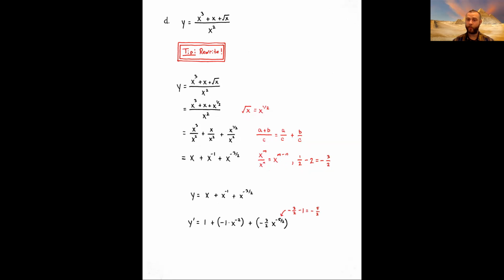The new power of x would be 1 less, x to the -2. And then we also apply the power rule to differentiate x to the -3/2. Again, just be careful with fractions. The power rule for derivatives says that we subtract 1 from the function's power of x. So we have -3/2 minus 1. That comes out to -5/2.